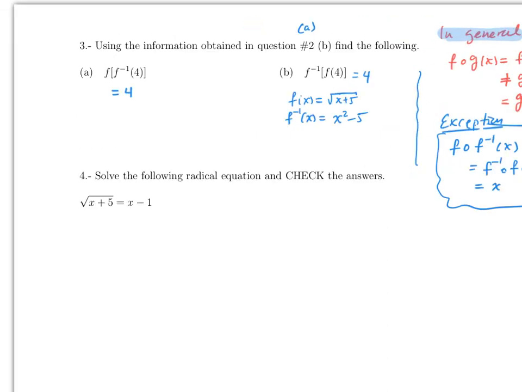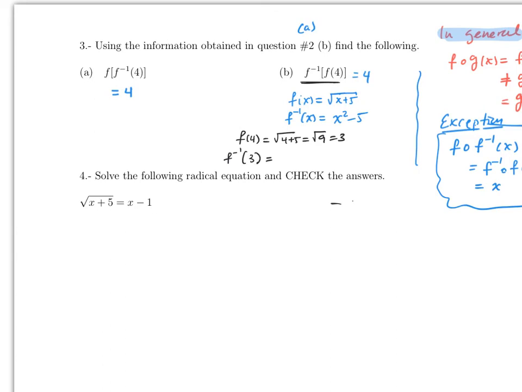All right, so therefore, if you wanted to compute this, you will need to find f of 4 first. And f of 4 will be the square root of 4 plus 5, which is the square root of 9, which is 3. And then you will have to find f inverse of 3.